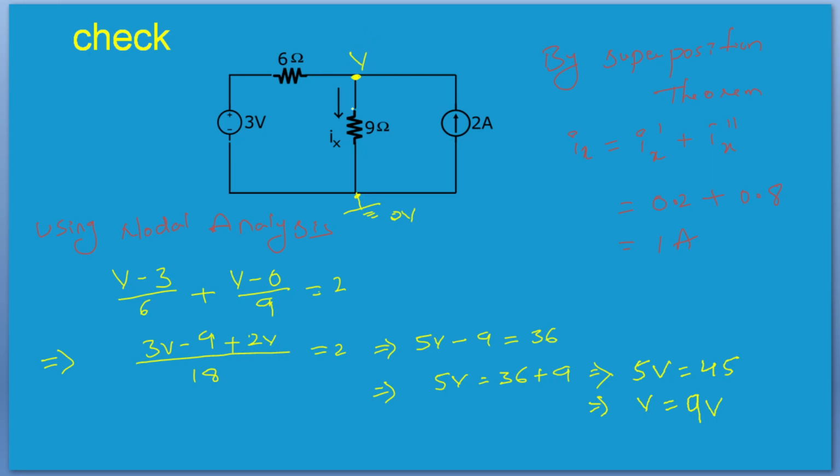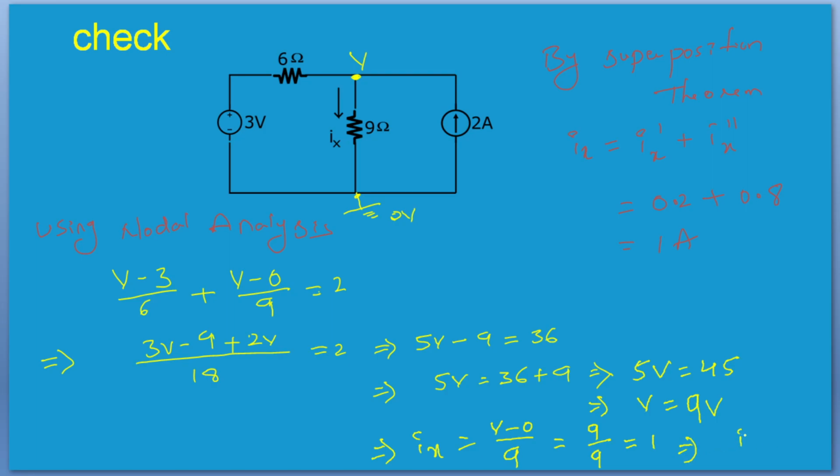That implies what is the current flowing through this 9 ohm resistor? Ix is equal to what? V minus 0 by, here in this 9 ohm resistor I am determining current. So Ix is equal to V minus 0 by, what is the resistance value? 9. I is equal to V by R. So 9 by 9. So it is how much? 1.